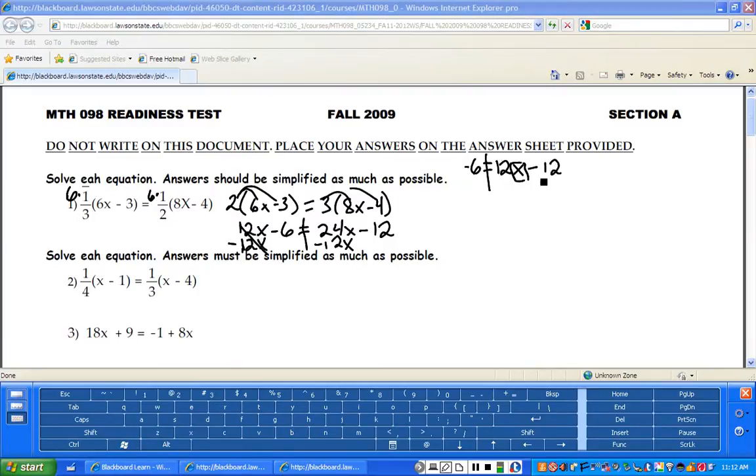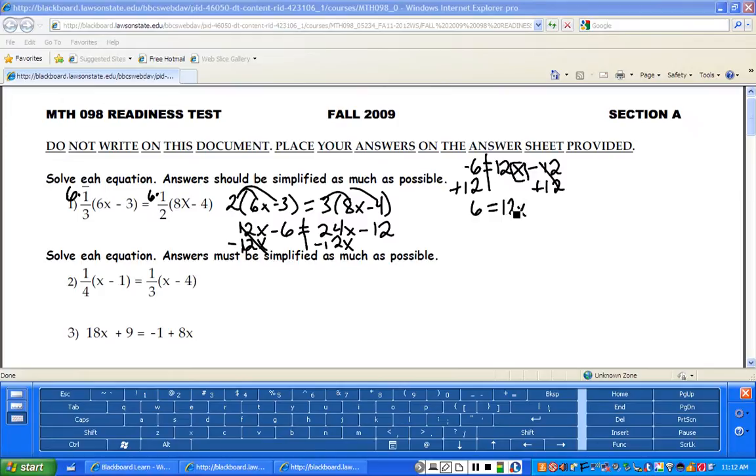So I'll move this minus 12 first because it's detached from the variable, so I'll add 12 to get rid of a minus 12. We cancel. Negative 6 plus 12 is a 6, equal sign. Alright, bring down my 12x. Now all I got to do is get rid of this 12 here.